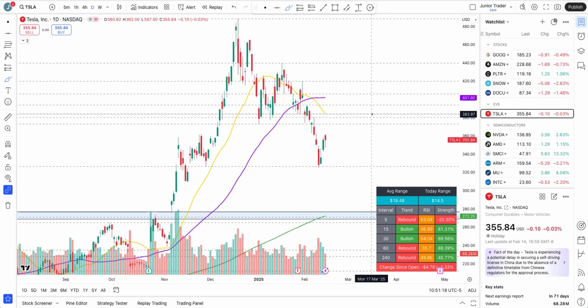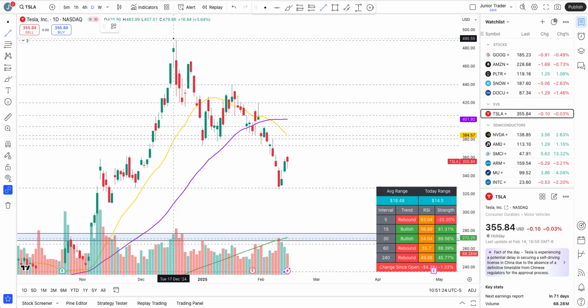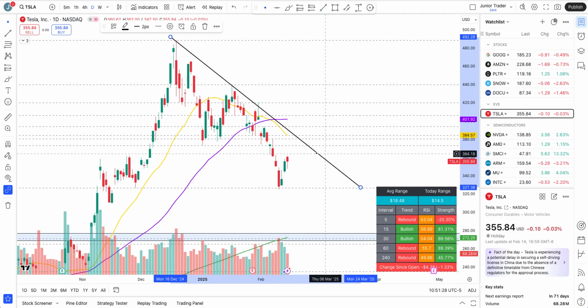Again, just my opinion. You can do whatever you feel like doing. I also want to point out that there is this trend line, almost a reference line, that you can use. It also coincides right now with that 373 eventually. So we'll see what the price action does.